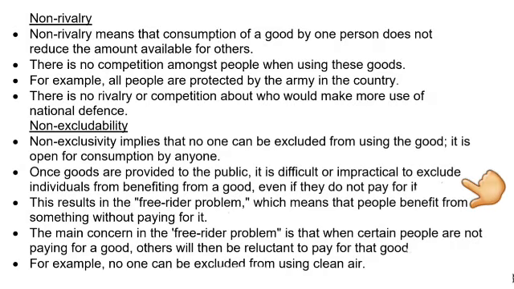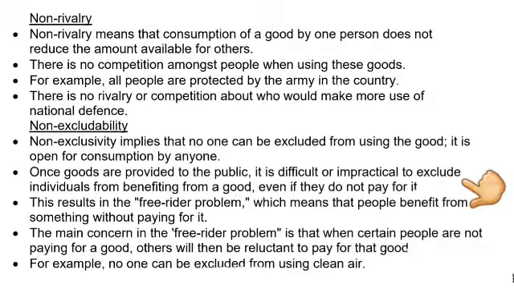And then the second bullet says, once goods are provided to the public, it is difficult to practically exclude individuals from benefiting from a good, even if they do not pay for it. So for example, if they had said that we are building roads in your street, the government built a tar road in your street, you can't now say that people who don't live in your street cannot drive down that road.